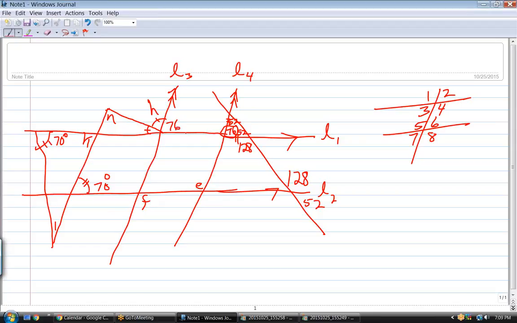Frequently with geometry, the difficulty is figuring out which is the transversal, because you have all these lines intersecting. And sometimes lines can be transversals as well as part of parallel lines. Now, if H and this angle are the same, what must H be?